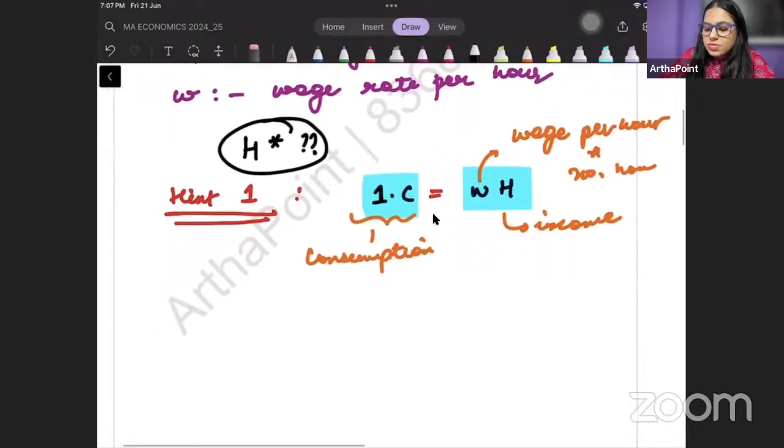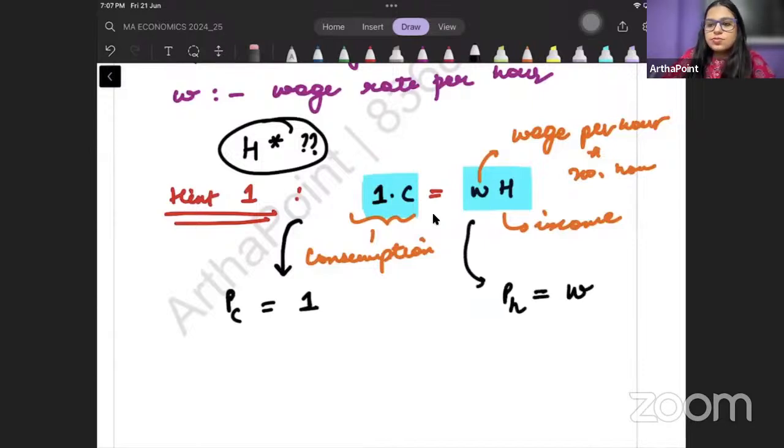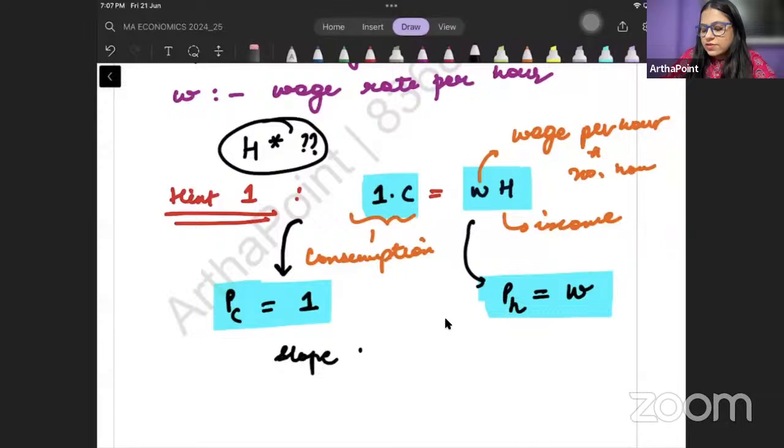So we know that the price of consumption is 1 and the price of H is W. From here, you can find the slope of the budget line, which will be W by 1, which means W.